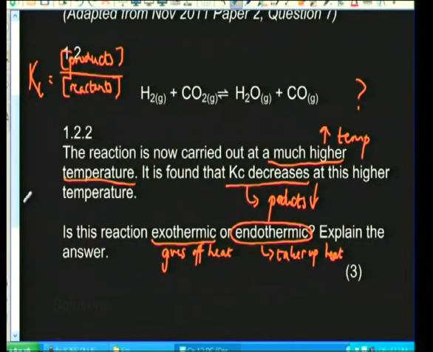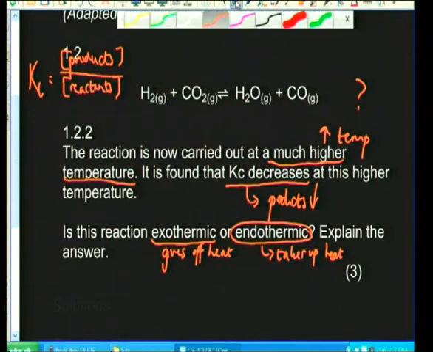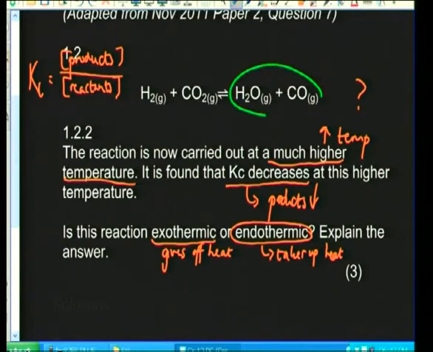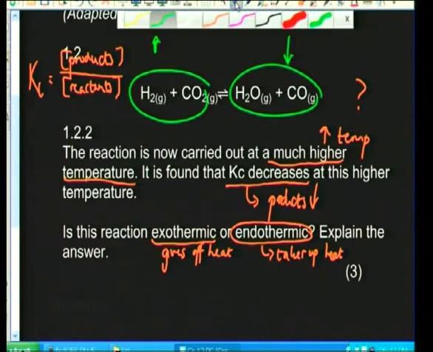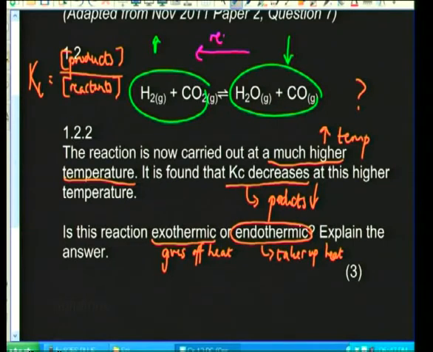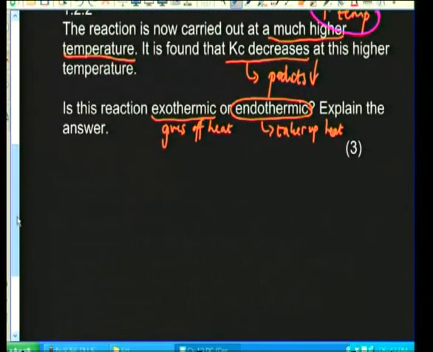The system has favored which reaction, the forward or the reverse? Well, we know that suddenly our products have become less. That means our reactants must have become more. So it's favoring the reverse reaction at this increased temperature, right?